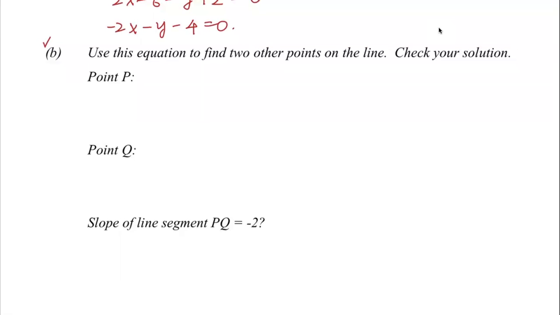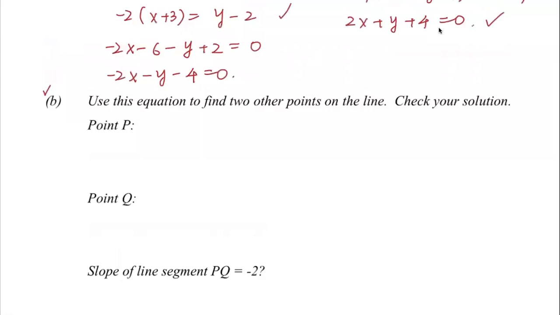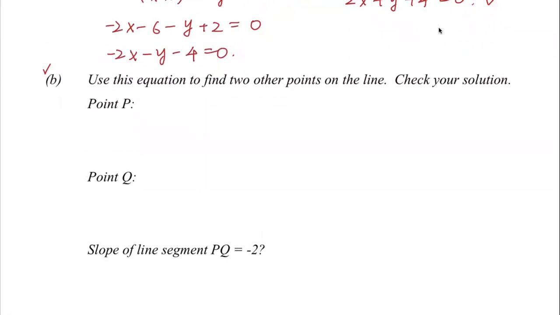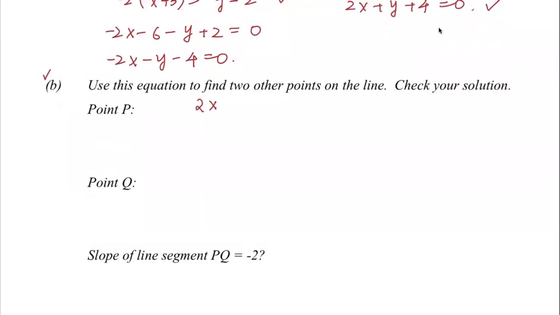Okay, so let's do it. We found that the expression for the straight line is 2x plus y plus 4 is equal to 0, right? So how do we find different points? We basically take different x values and find different y values. That's how we find different points.